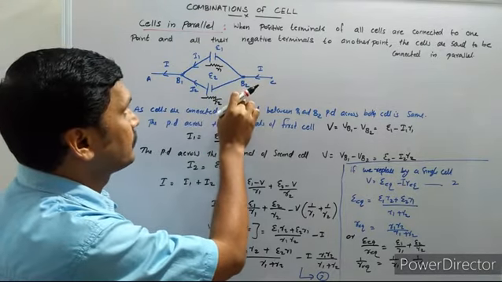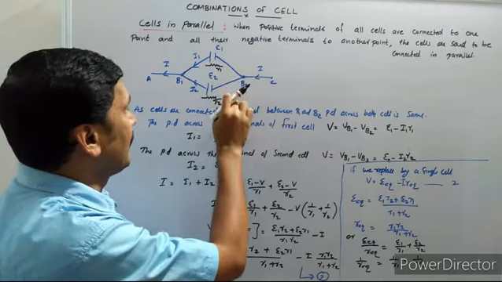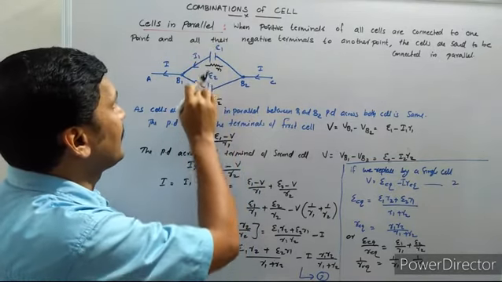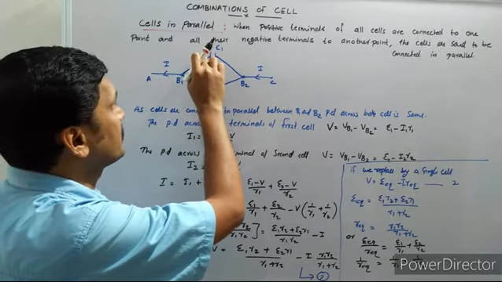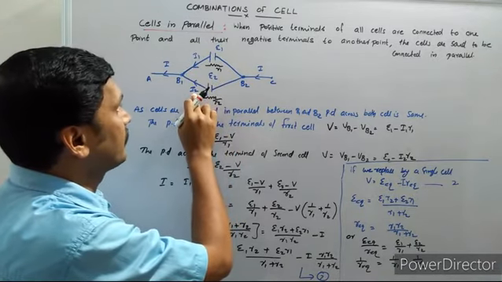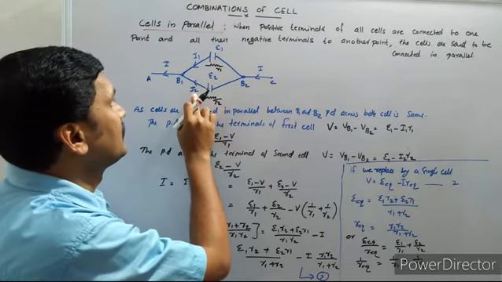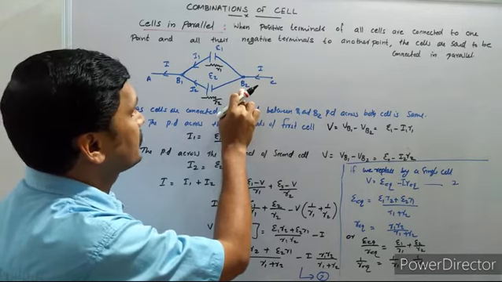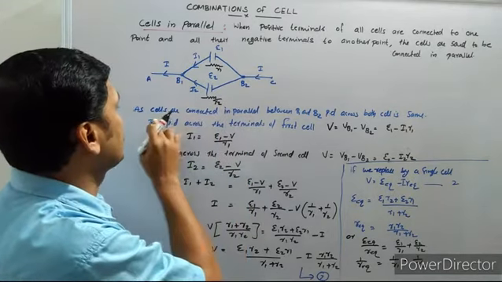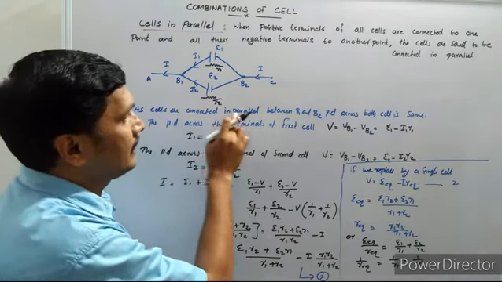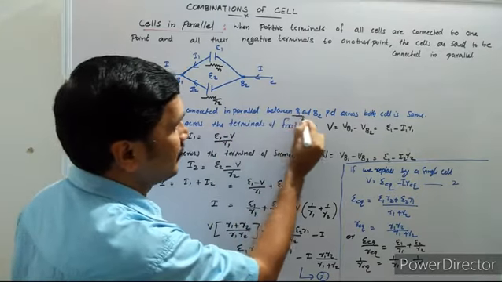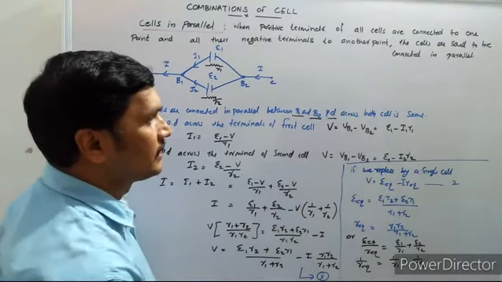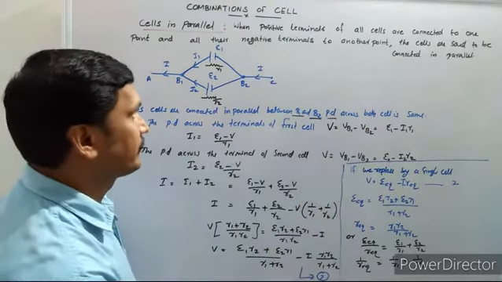As they are connected in parallel, the current drawn from each cell is different. That is, I1 is the current drawn from the first cell and I2 is the current drawn from the second cell. But since they are connected at the same points, the potential across each cell will be the same. So the potential difference across both cells is the same.